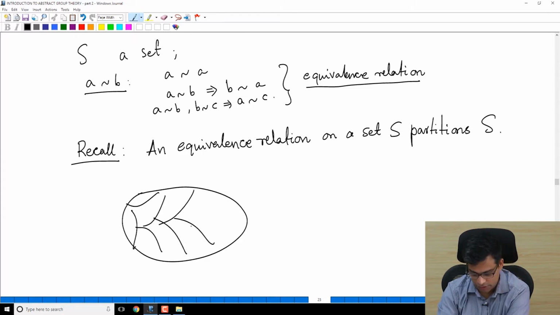If S is given like this, you consider equivalence classes. What are equivalence classes?